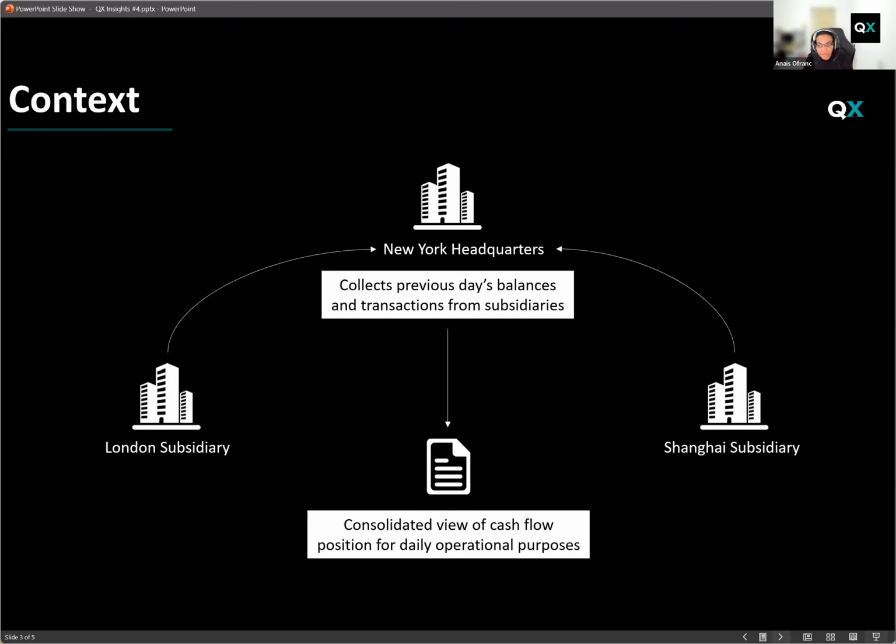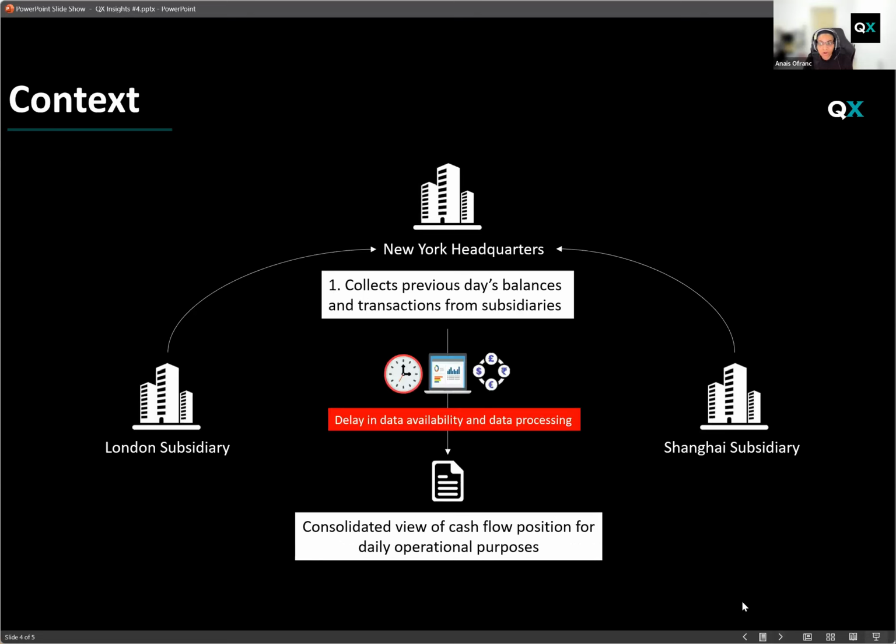The challenge here is that there is a lot of fragmentation, with each subsidiary being in different time zones, using different systems, generating different set of data, and having to deal with FX and currency fluctuations as well. And ultimately, this creates delay in data availability and data processing, resulting in increased risk and inefficiencies in cash flow liquidity management as well.